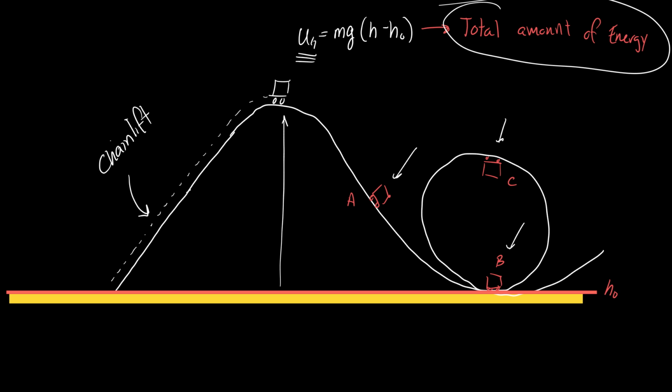But at every one of those places, the amount of gravitational potential energy they have and the amount of kinetic energy they have has to sum up to equal the total amount of energy they had at the start. And again, it's path independent. It does not matter how they got from one place to another. All that matters is that the cars maintain the total amount of energy unless something takes the energy away.